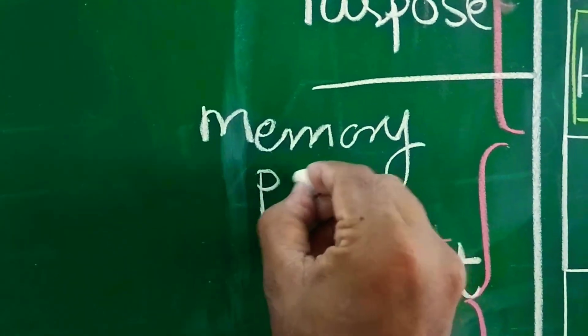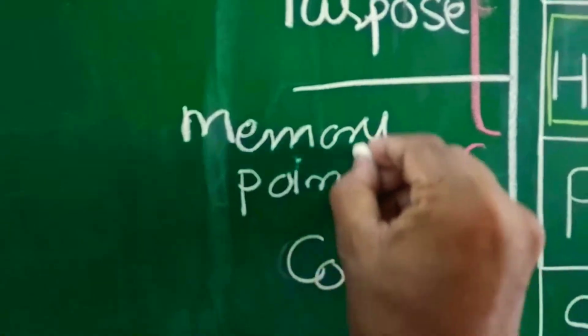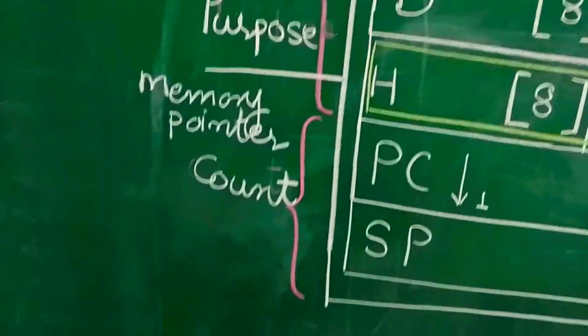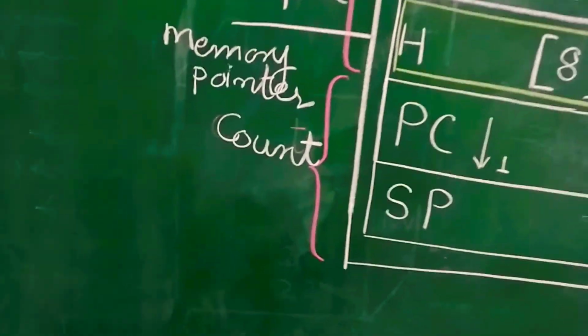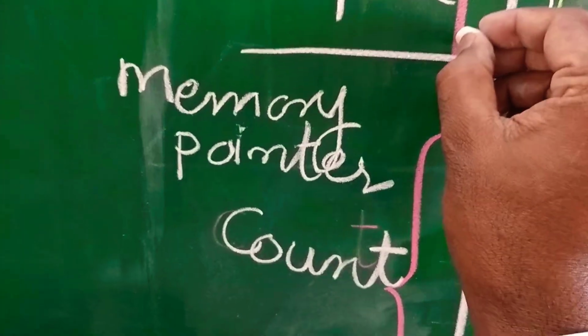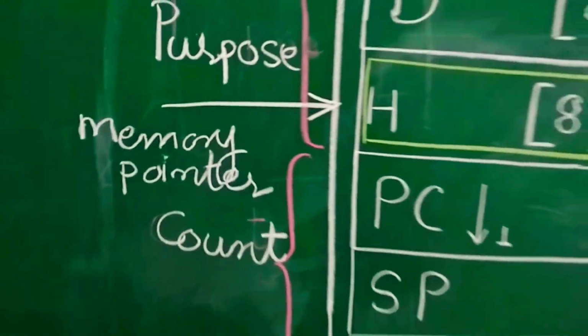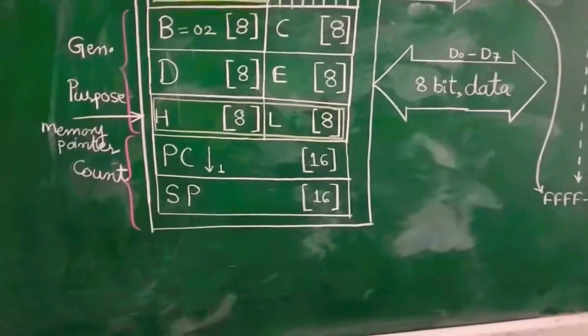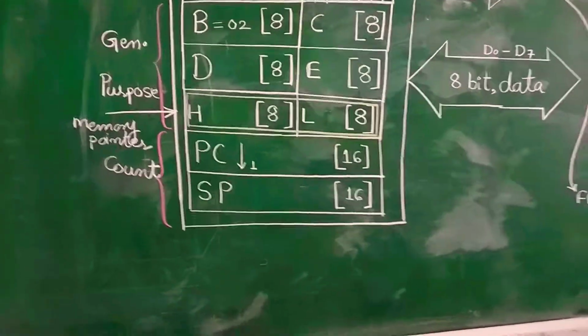So when we go ahead with more programming, we'll see how this HL pair is used as a memory pointer, similar to program counter and stack pointer.